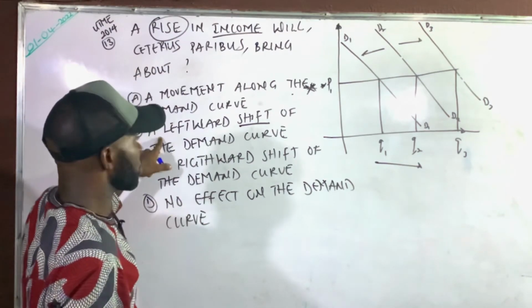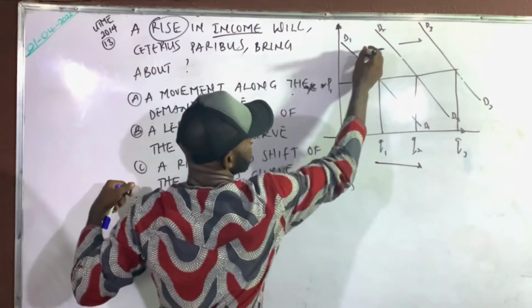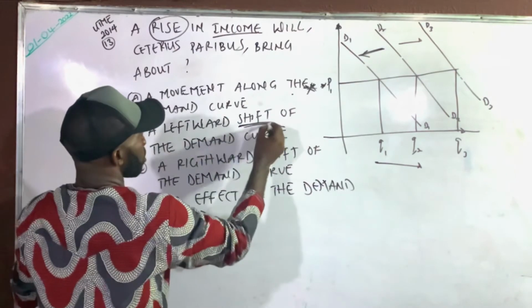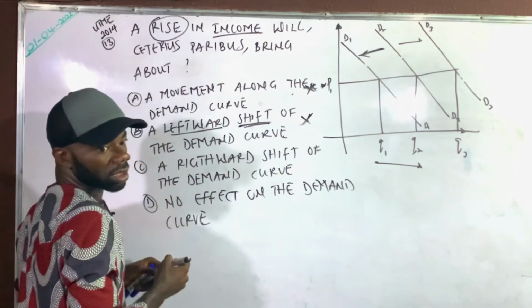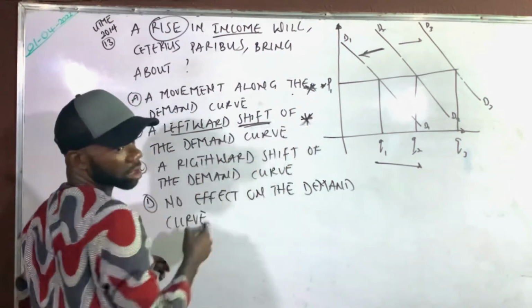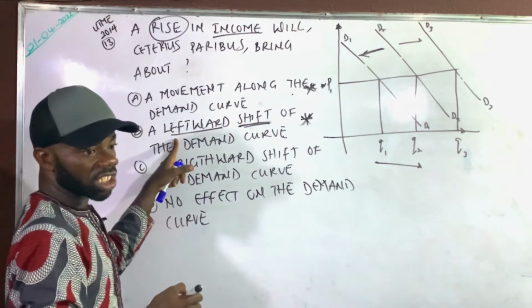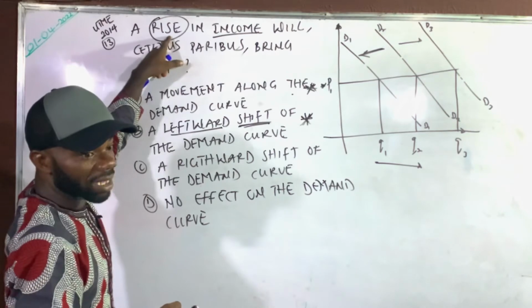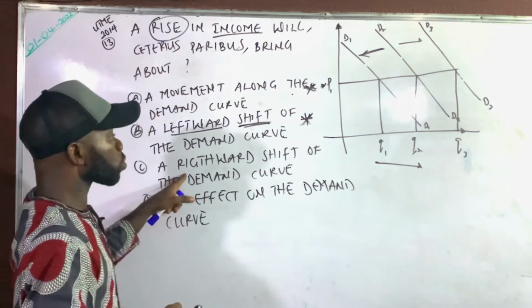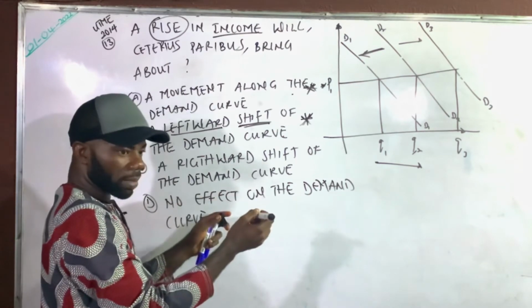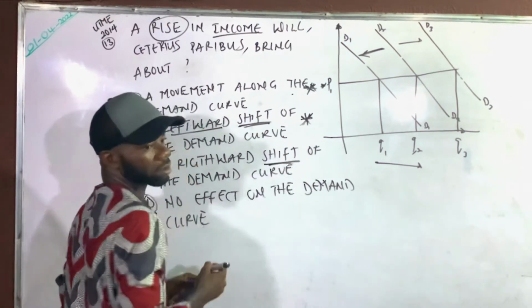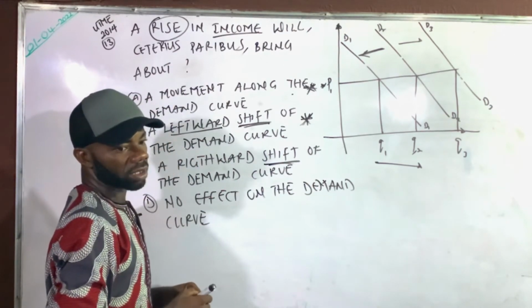A leftward shift represents decrease. This is on point, but this makes it wrong. We can't work with this. Do you understand? Leftward is decrease, and we're talking about a rise. It has to be an increase. Rightward is increase. Is it still under change in demand? Yes, because it's talking about shift.